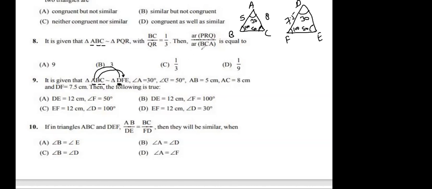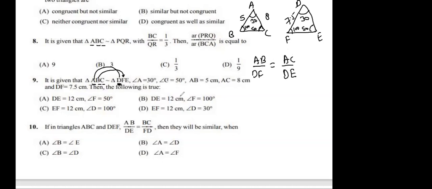So if these two triangles are similar, we can write it like this: AB upon DF will be equivalent to AC upon DE.